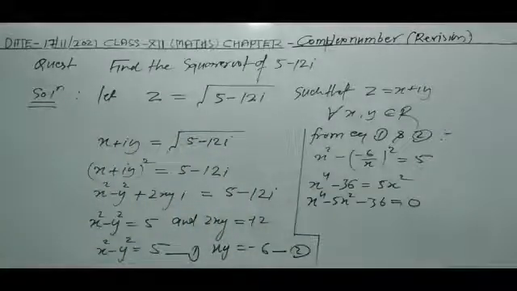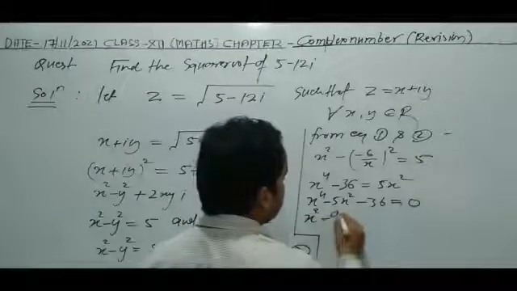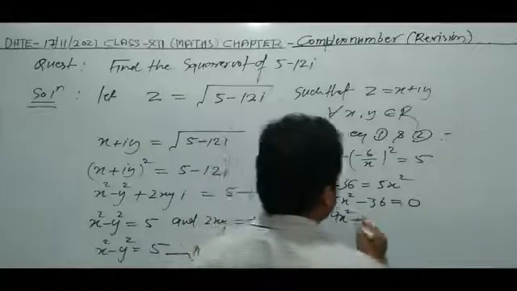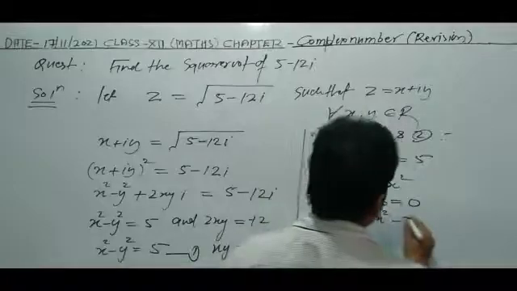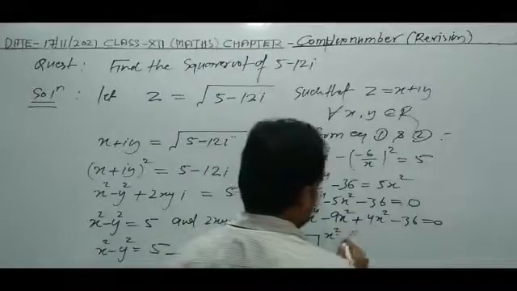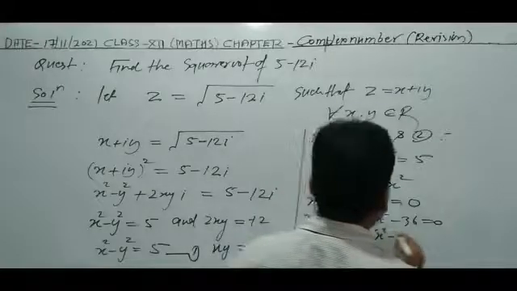Now the factors will be 9 and 4, 9 fours are 36. So what will be the factor? x to the power 4 minus 9x square plus 4x square minus 36 is equal to 0. This implies x square plus 4 and x square minus 9.